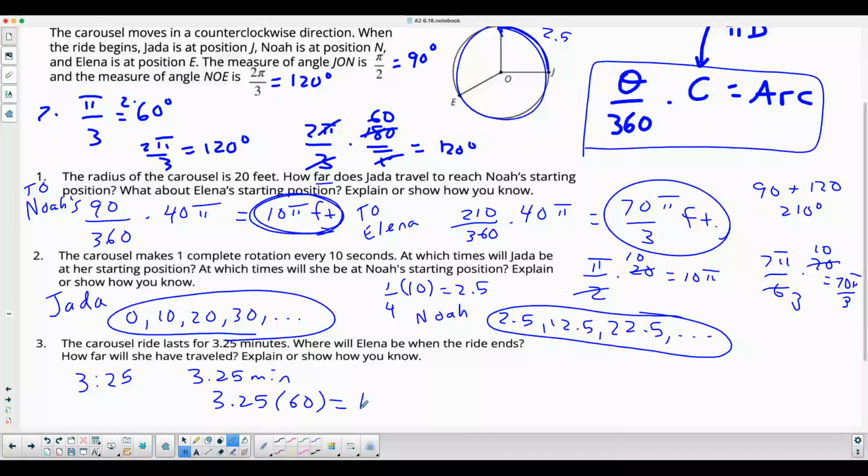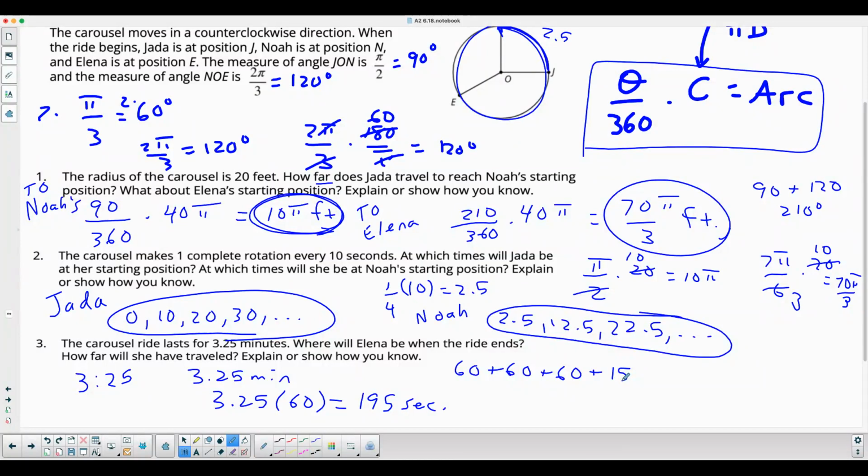It ends up giving you 195 seconds. If that's confusing to you, you could think 3.25, 60 seconds in each minute. So we got 60, 60, 60, and then 0.25 of 60 is 15. A quarter of a minute would be on a clock, like 15 seconds. That gives you the 195.